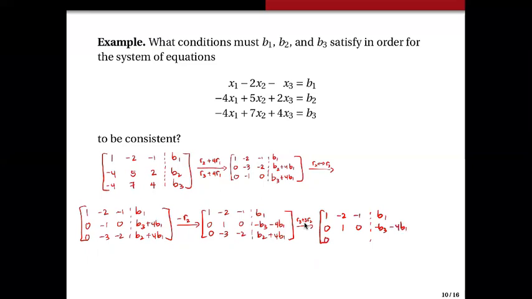And then here, this becomes 0. And then minus 3 plus 3 times 1, that's 0. Here, you'll just have minus 2. And then for this part, you will have B2 plus 4B1 plus 3 times negative B3 minus 4B1.